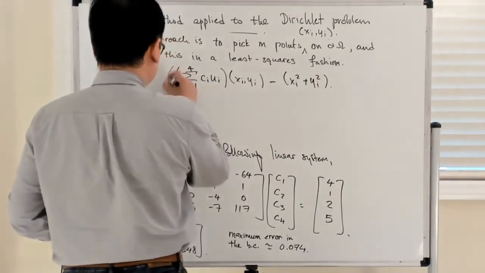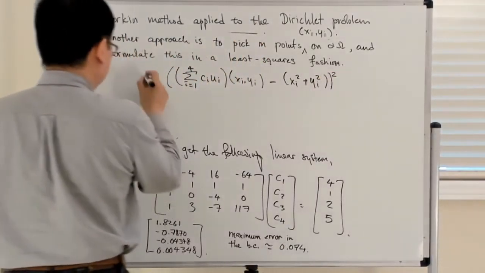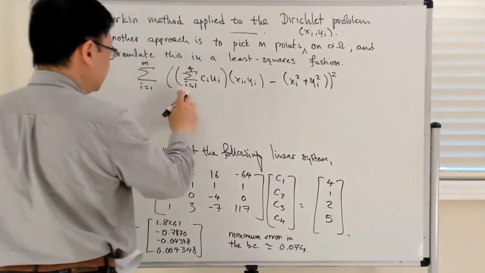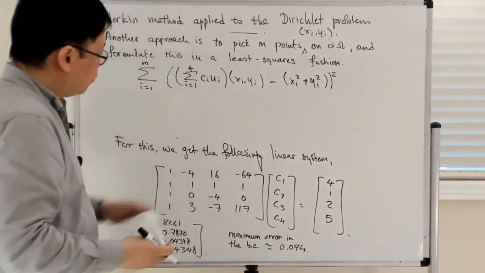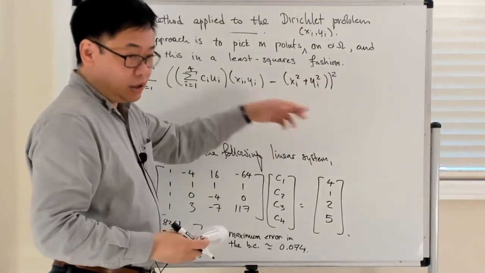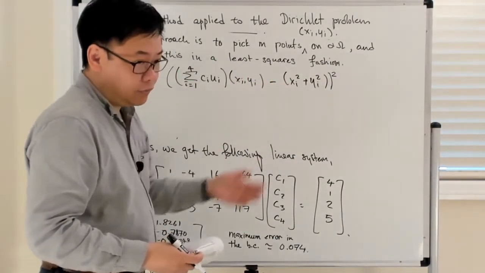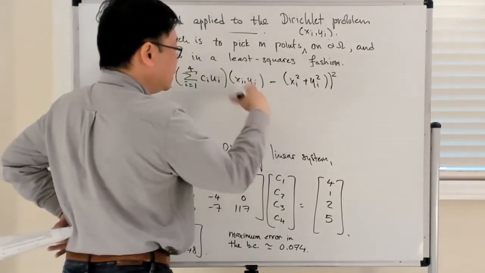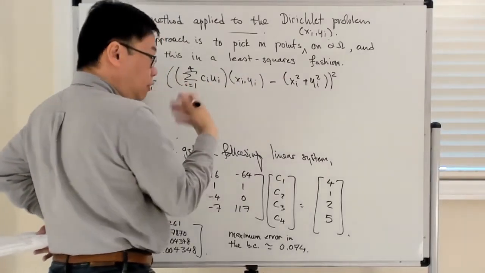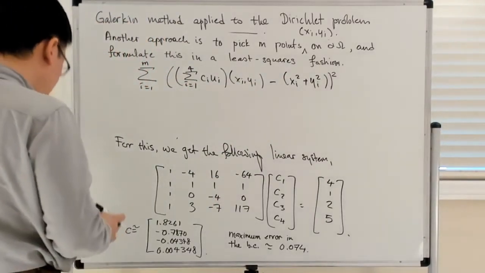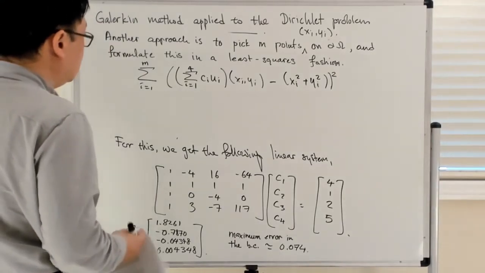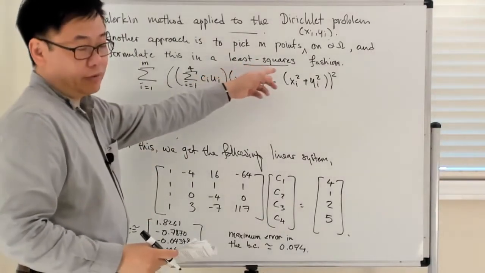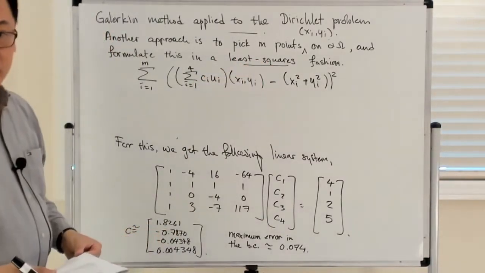Then I can square it, and sum this over i equals 1 to m. So I take the residual error at the ith point, square it, and sum it over all those m points. This is a least squares approach, and it's something you've probably seen before, particularly with linear regression.